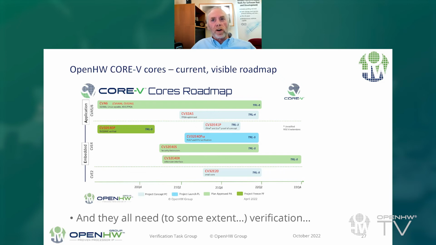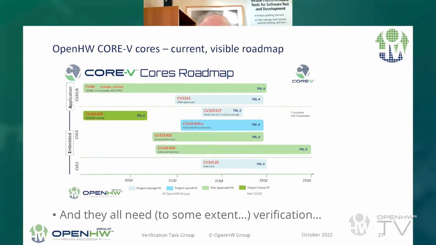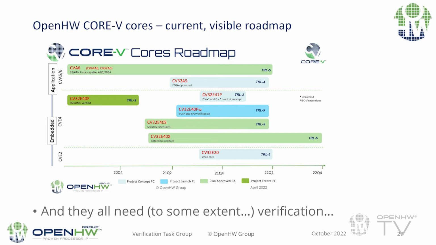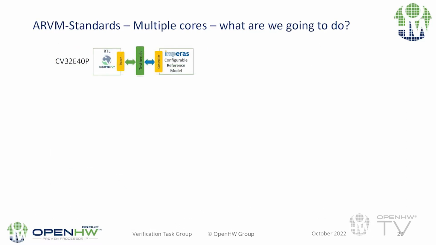And if we look at RISC-V, this is off the Open Hardware roadmap slide of the website. There's a lot of cores coming on stream, being verified. There's lots of challenges related to them, different things that they have, and they all need verification to some extent. So, what are we going to do?